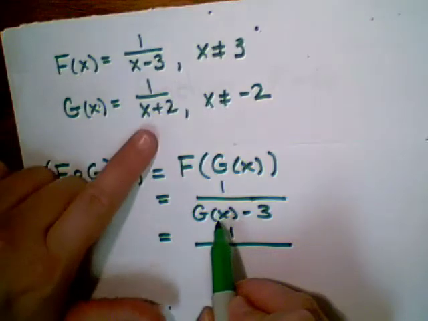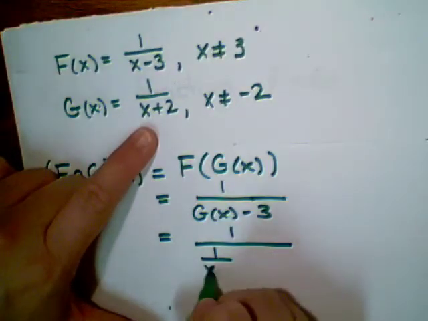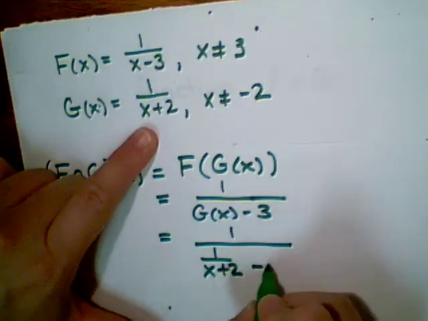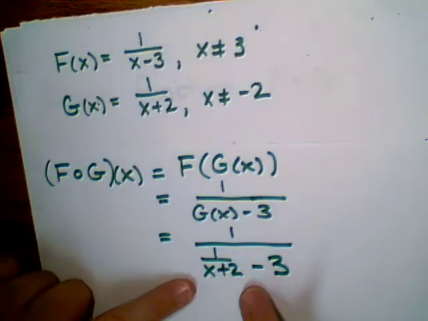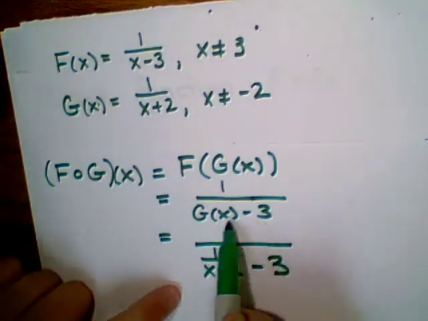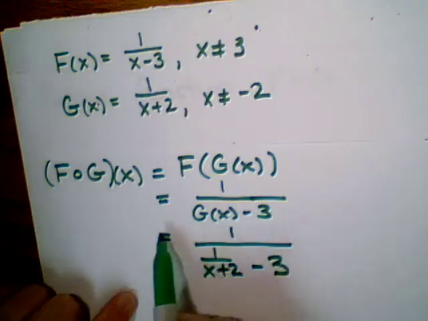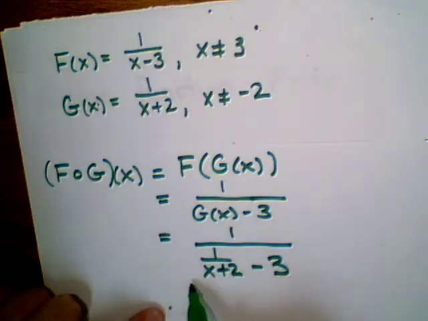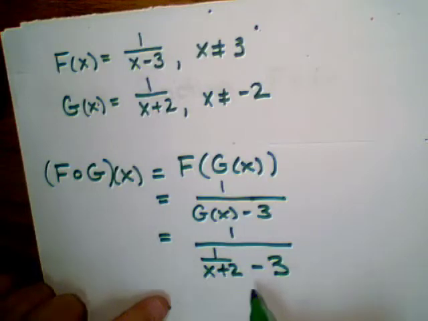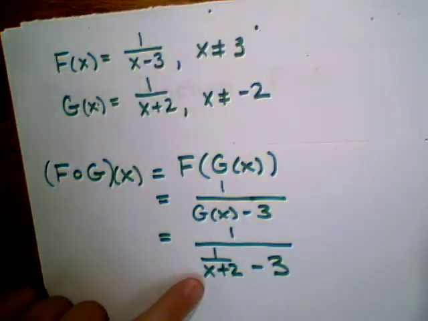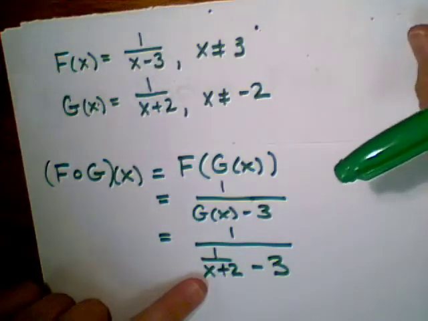And g of x is defined as the ratio 1 over x plus 2. Don't forget the subtract 3. And here in line 3, we have an answer. It's not a simplified answer, but this is indeed a function, the correct function. Now you might want to pause here and think about how you can simplify line 3. I'll continue on.